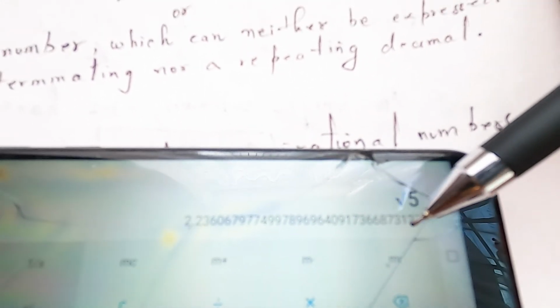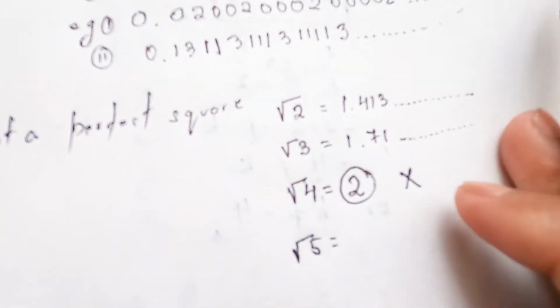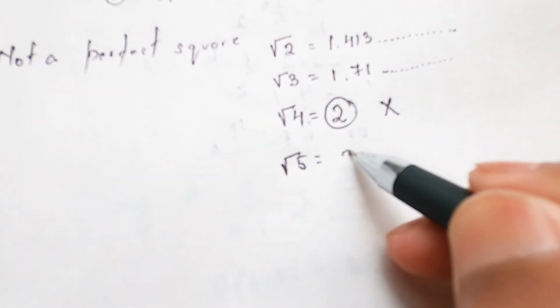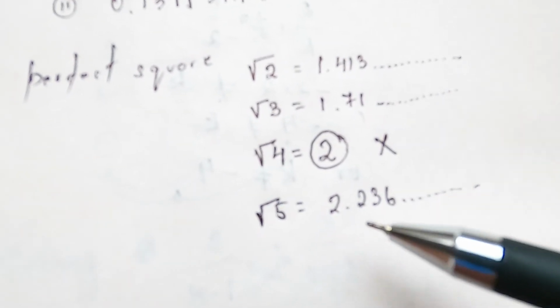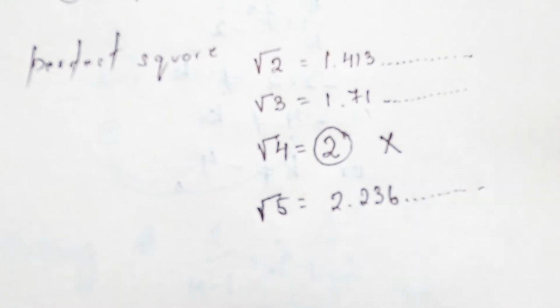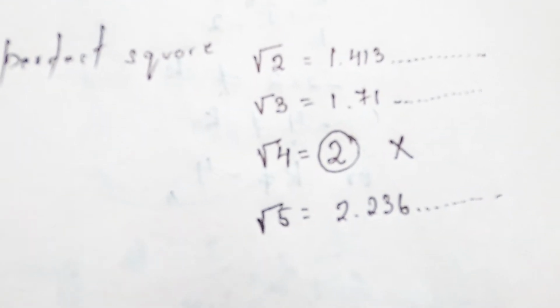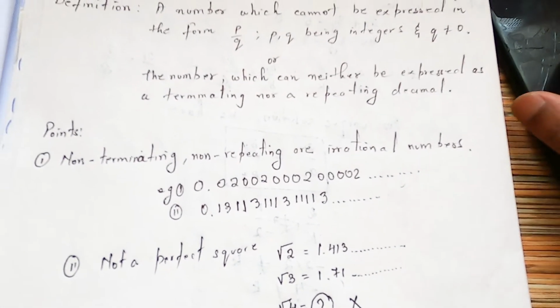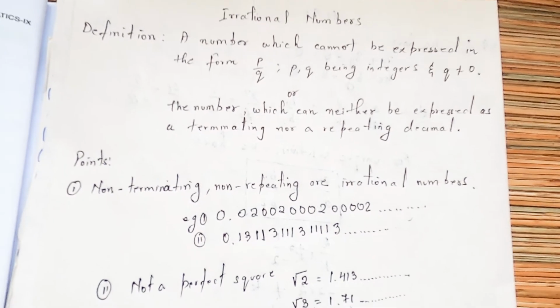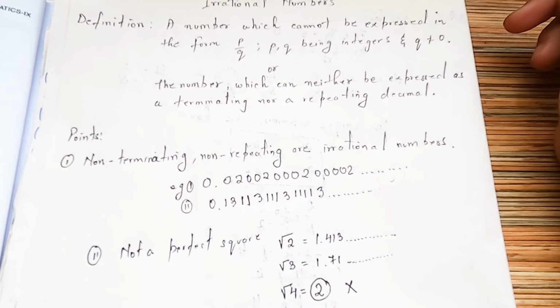You can see that it is non-repeating and non-terminating. So in this case root 5 is also an irrational number, an example of an irrational number. So this is all about irrational numbers. I hope it is clear.